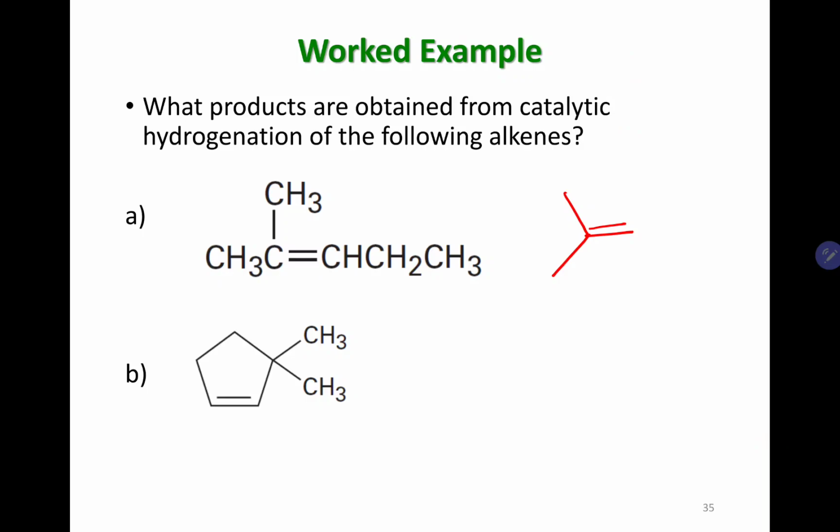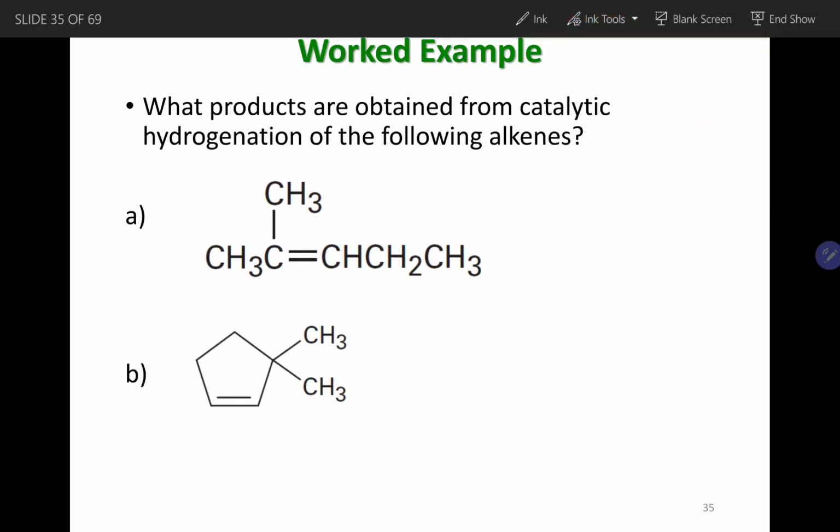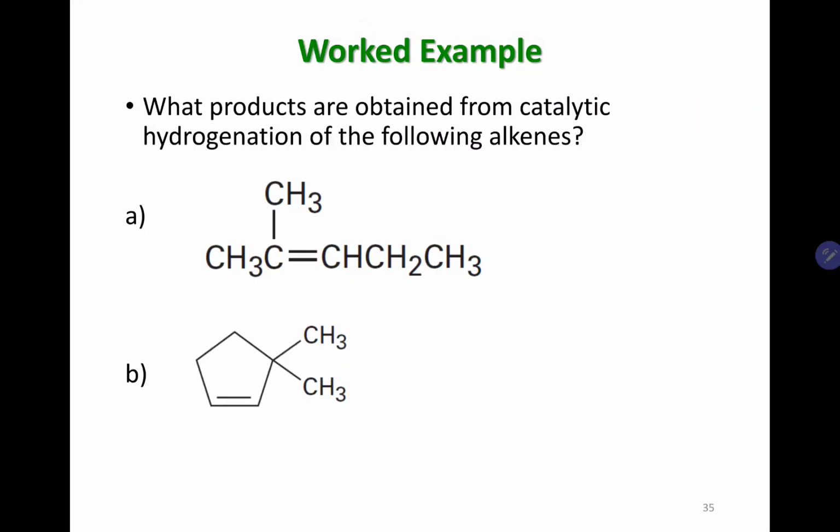Let me use a different color. I'm going to use, okay, maybe black. I always like to use skeletal structures so that I don't have to keep track of the hydrogens.